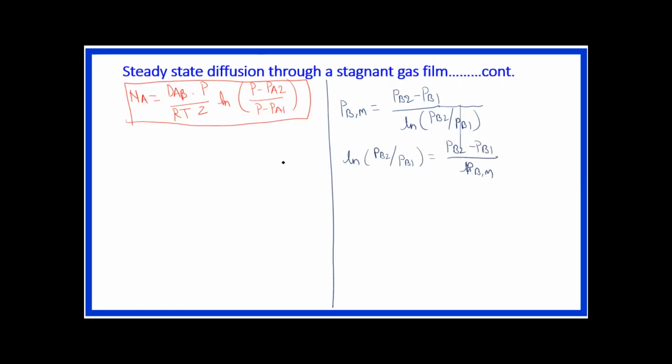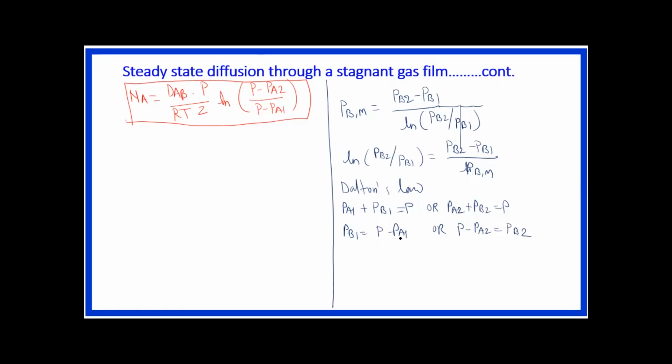But what is the relationship between P, PA1, PA2, PB1 and PB2? So from the Dalton's law, we know that PA1 plus PB1 equal to P, or PA2 plus PB2 equal to P. So from that case, we can write this PB1 equal to P minus PA1 or P minus PA2 equal to PB2, right?